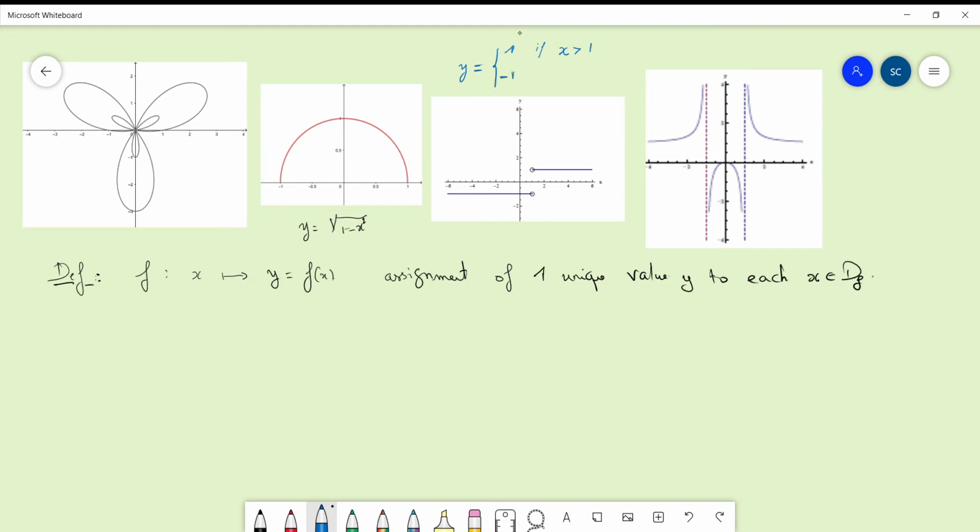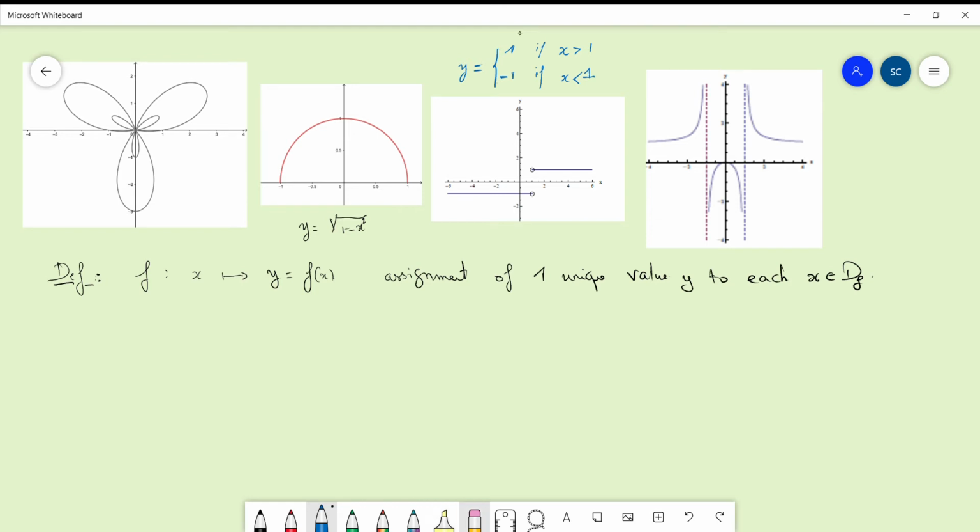For each x here, less than 1, I assign only one value, which is minus 1. So we are at level minus 1 if x is less than 1.